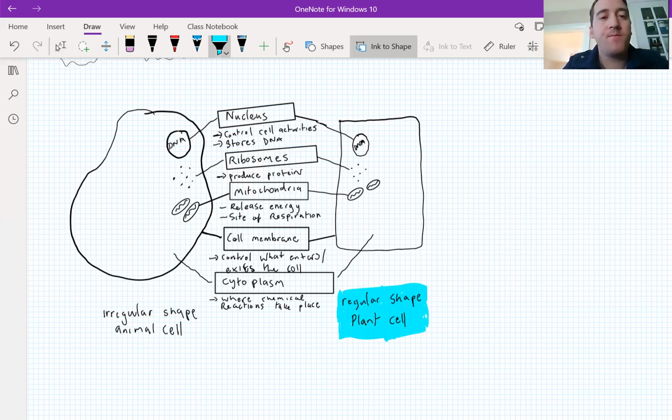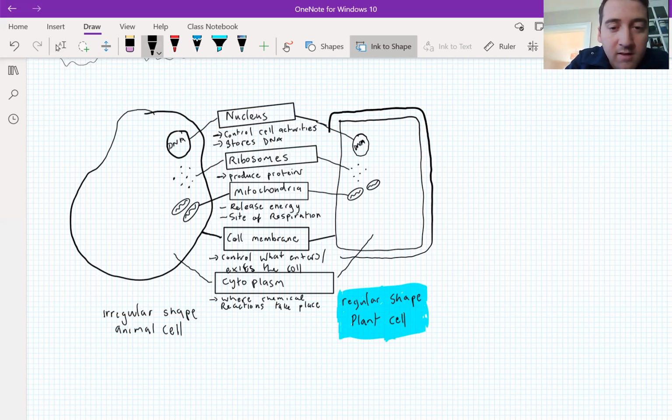Okay, so the first part that we're going to add is an extra layer to the plant cell. So the plant cell has an extra layer around the outside. As you can see, I'm drawing another layer around the outside of the cell like this.